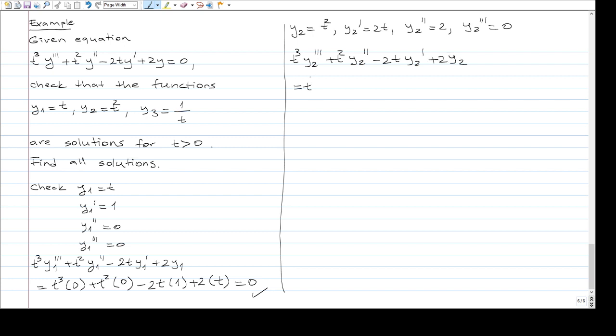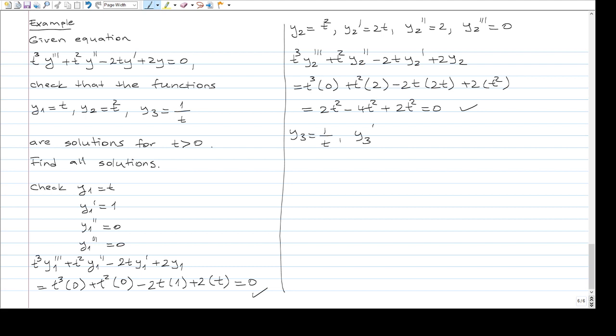So y2 triple prime is 0, y2 double prime is 2, y2 prime is 2t, and y2 is t squared. So we have 2t squared minus 4t squared plus 2t squared, which is again 0. So this also checks.